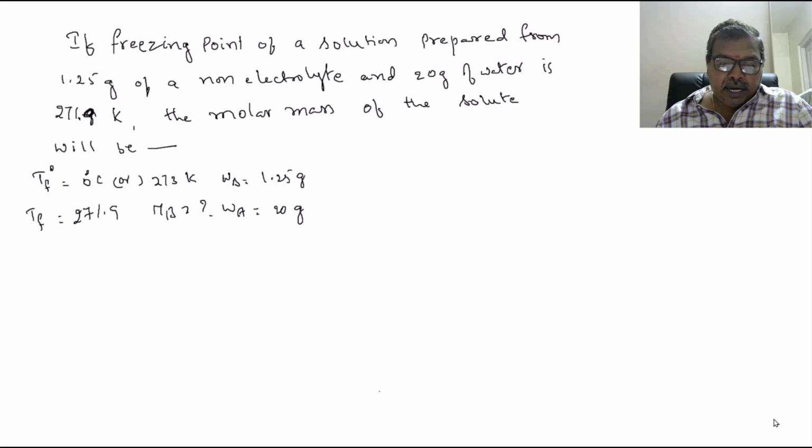Now, actually Kf for water is not given. Remember, Kf for water they have to give. Definitely they have to give, or otherwise they have to provide either the latent heat of fusion or enthalpy of fusion. So 1.86 Kelvin kg per mole. This is Kf for water.